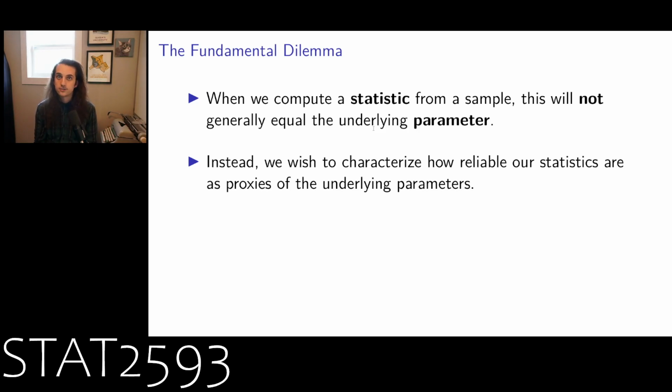It's not going to tell us everything that we need to know about that population parameter. And so what we want to do is characterize how reliable these statistics that we're computing are as proxies for those underlying parameters. If I have a group of people and I've calculated their average height, how close do I think that's going to be to the true average height? And of course, this is going to depend on all sorts of factors, right?